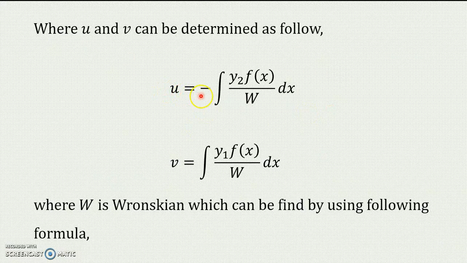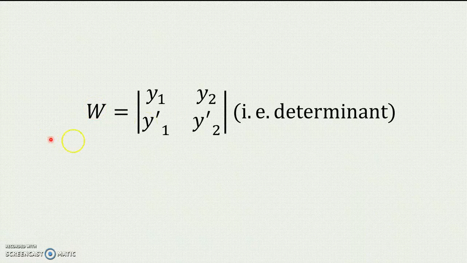u is equal to minus the integration of y2 into f of x upon the Wronskian, with respect to x, and v is the integration of y1 into f of x divided by the Wronskian, with respect to x again, where W is the Wronskian, which can be found by using the following formula.